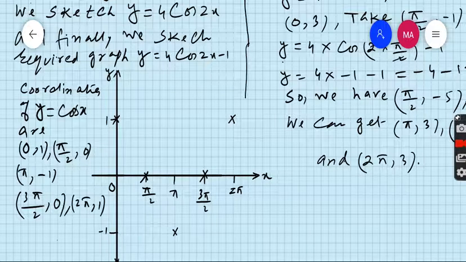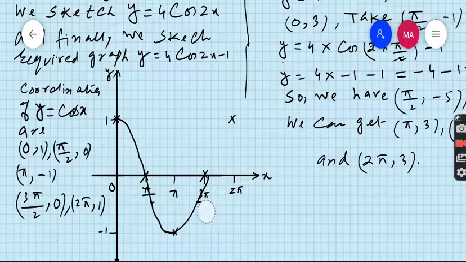Join all the points without using a scale. Just use your free hand. Draw as good a graph as you can. This is not a good graph.